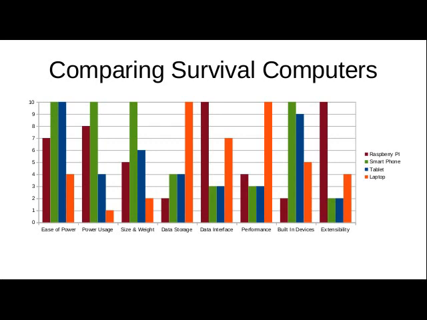So as far as storage is concerned, smartphones and tablets, they're in the middle range, I would say, middle to lower, while the Raspberry Pi, it depends on how you've configured it. If you have external storage, you could have terabytes.